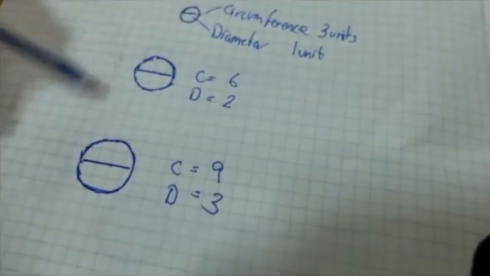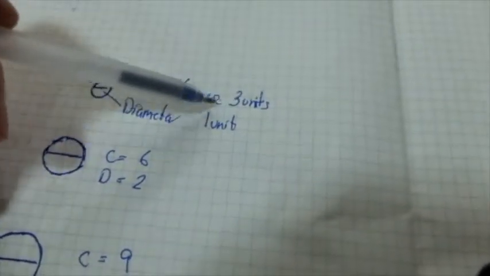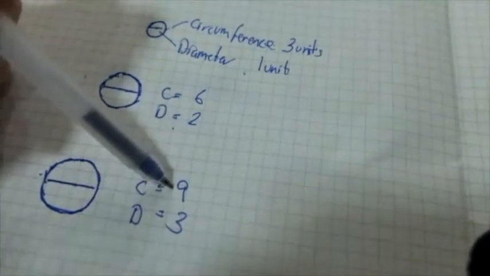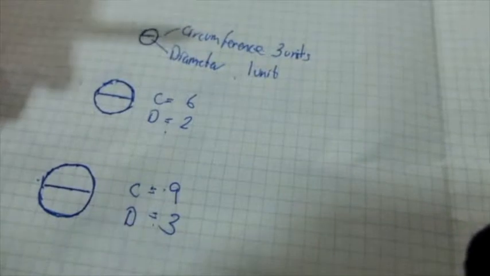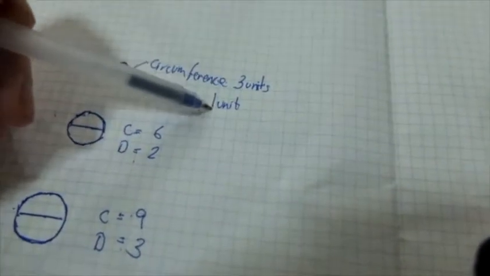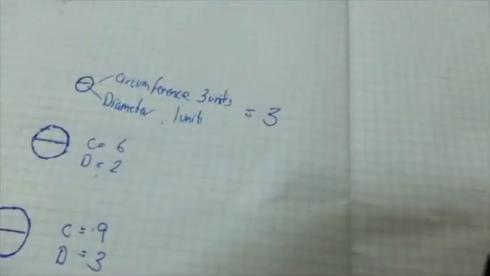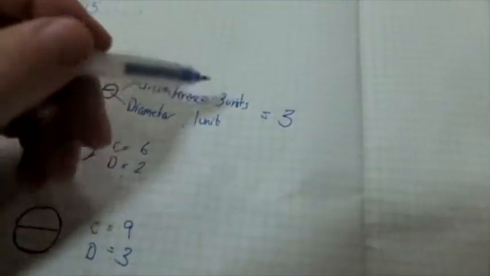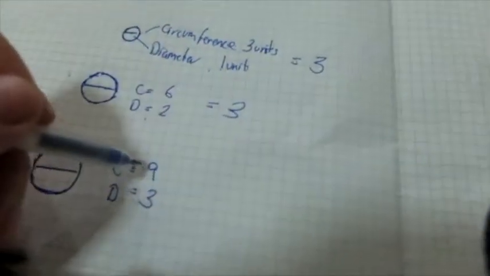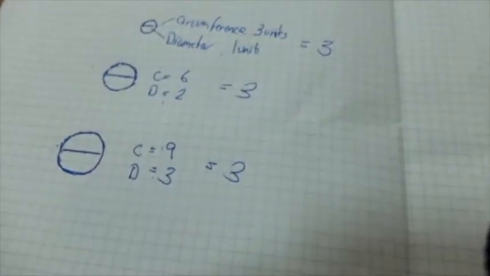We've got 3 examples here: a circumference of 3 with diameter 1, circumference 6 with diameter 2, circumference 9 with diameter 3. We can see a bit of a pattern here. If we divide the circumference by the diameter, we should get a ratio of about 3. So 3 divided by 1 equals 3, 6 divided by 2 equals 3, 9 divided by 3 equals 3. So we've got a ratio of about 3.